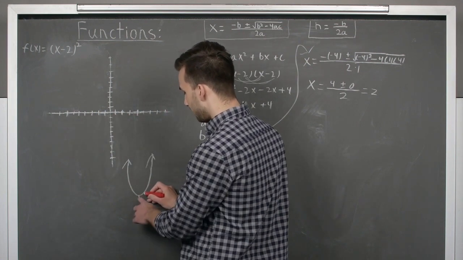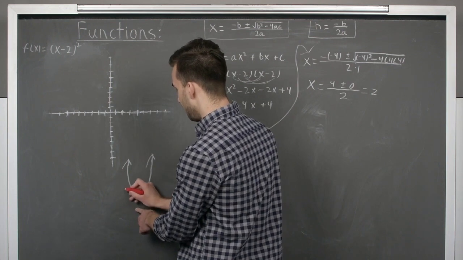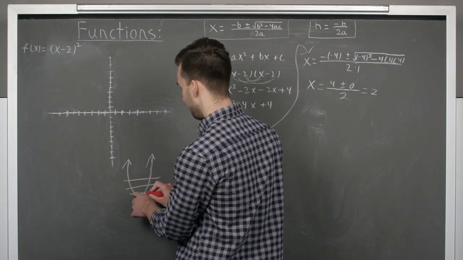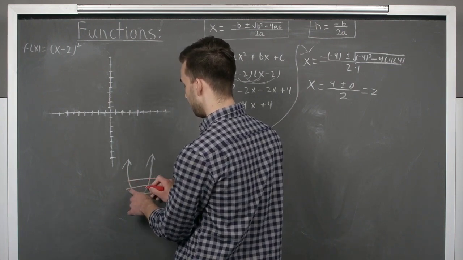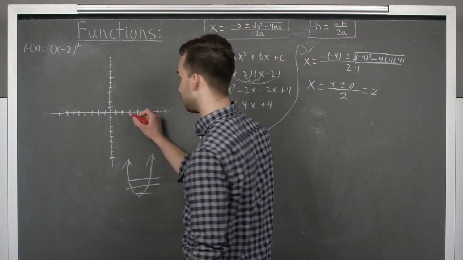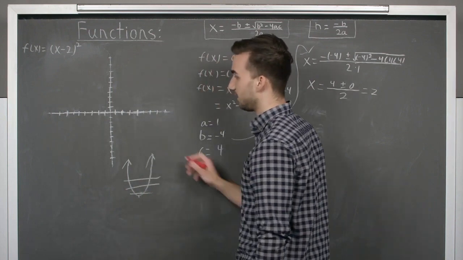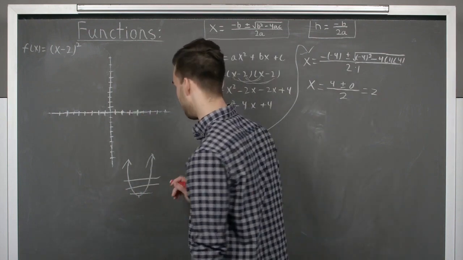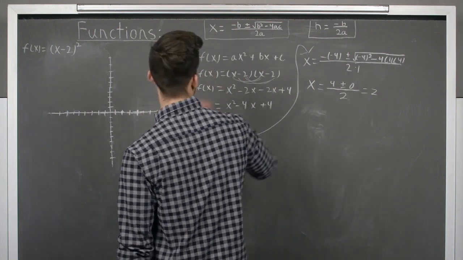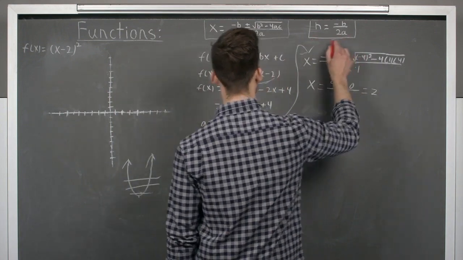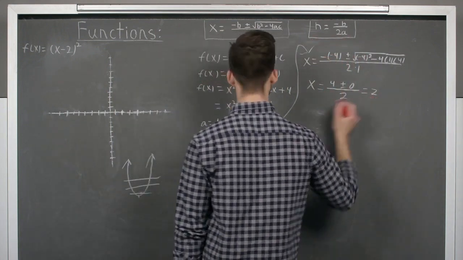If it was any other point, there would be two solutions. So based on this, we know that the vertex is exactly on the x-axis. So our vertex, if we did the same formula in here, it would also give us 2.